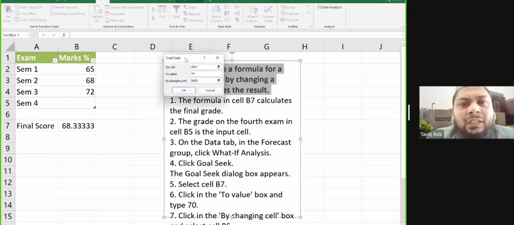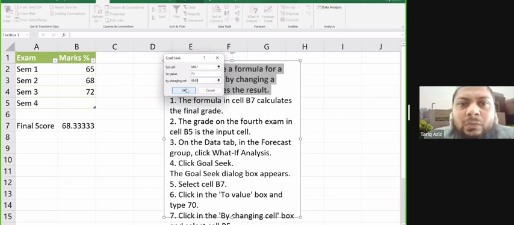Now we have filled the options in the three places, and once we press enter, it will calculate different averages by putting different values in B5, and the value that will generate a final score of 70% will be the answer.